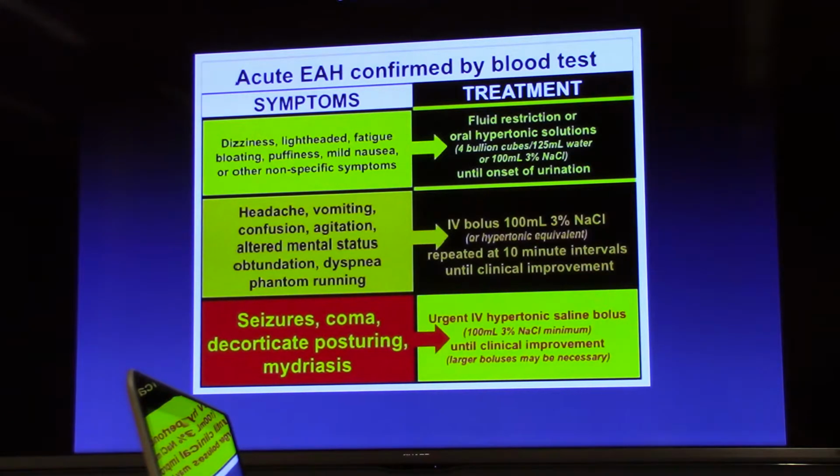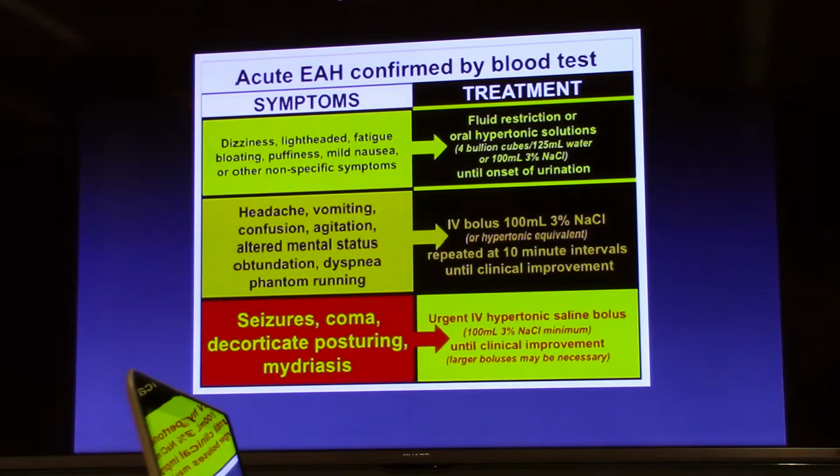For the treatment of acute EAH, when you're able to confirm by a blood test, that is certainly ideal. It is stratified by symptom severity. When you have mild symptoms, as at the top of the chart there, your options are to fluid restrict the patient until onset of spontaneous urination.